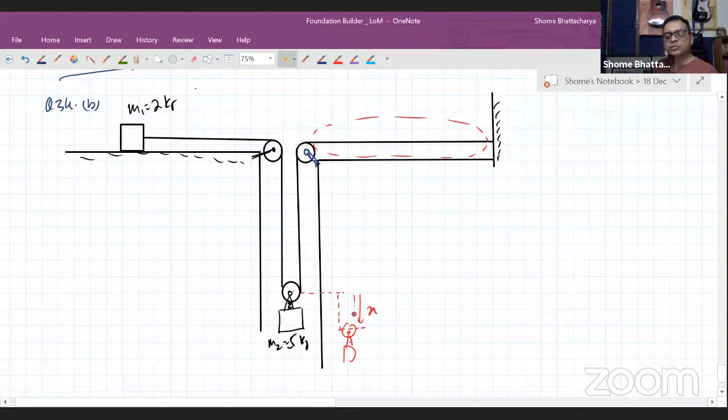It will pull 2x amount of thread length. So naturally, this block will have to get pulled by 2x. So once again, if this has a downward acceleration of a, this will have a horizontal acceleration of 2a, and uniform tension T acting everywhere.